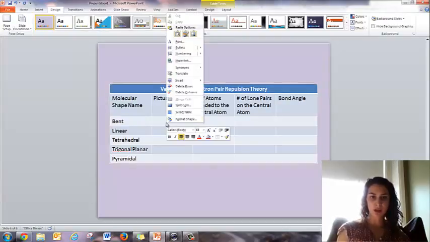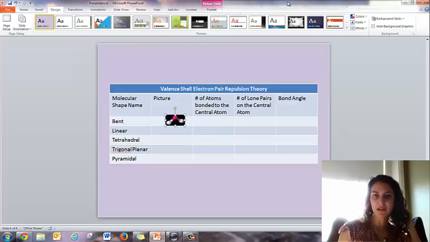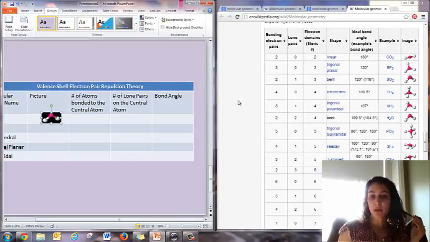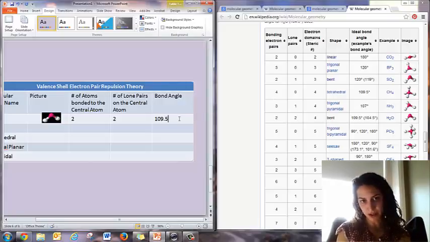Then I will paste it and put it in here so I can just see it. Then I want to look back and figure out the number of atoms bonded to the central atom. And if we look here, there are 2 bonding electron pairs and 2 lone pairs. So we have 4 domains, and the bond angle is 109.5.